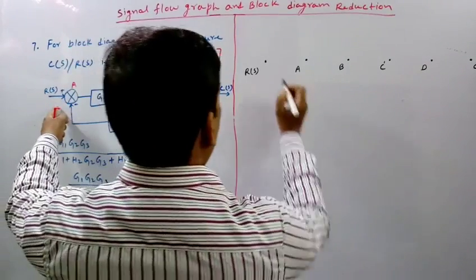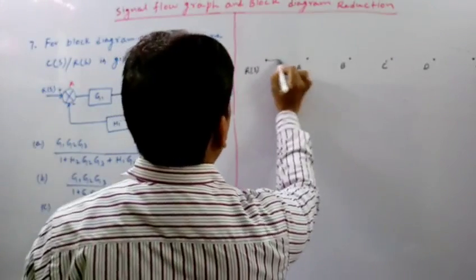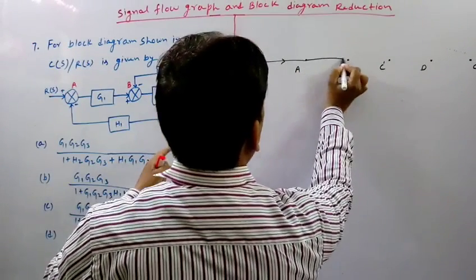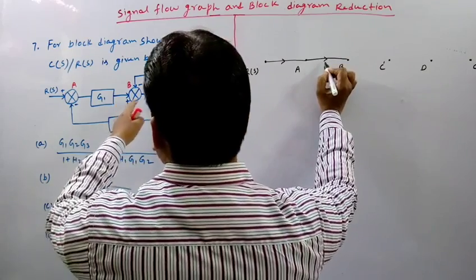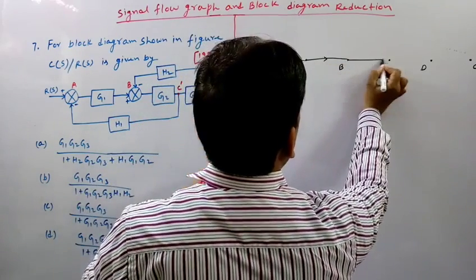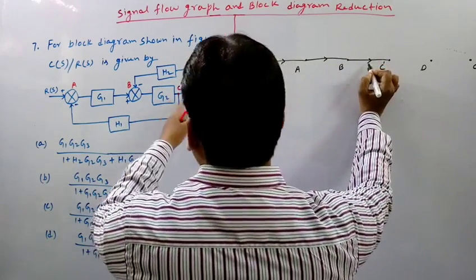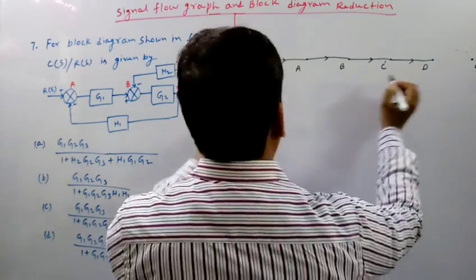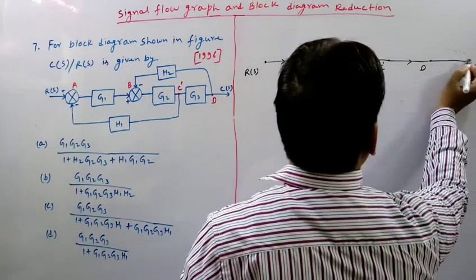Now from R to A there is one branch. From A to B there is another branch. From B to C dash there is one more branch. From C dash to D there is one more branch. From D to C there is one more branch.